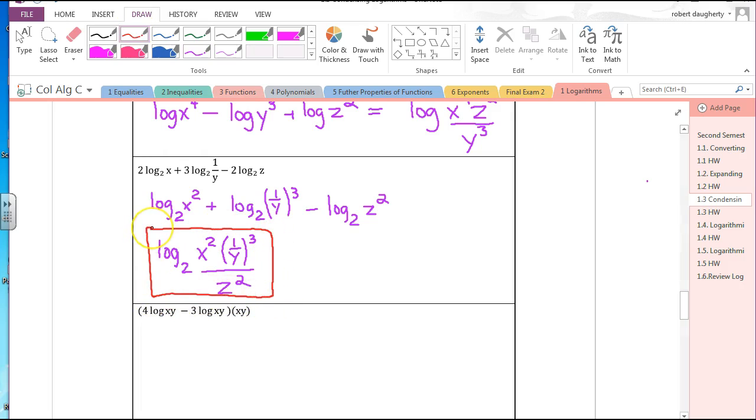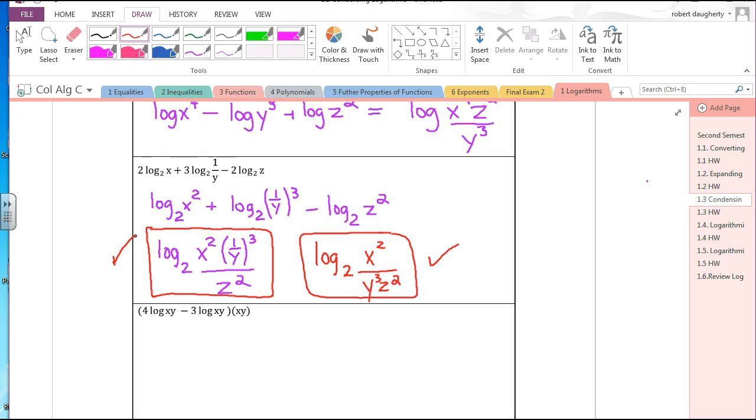But because you've got this 1 over y cubed, you could have written it like this: log base 2 of x squared over y cubed z squared. That would have been a perfectly good answer as well. So either one of these would have been good for the answer. You see what I did there? This is 1 cubed over y cubed, so I just moved it to the bottom. Either one of those would have been fine.